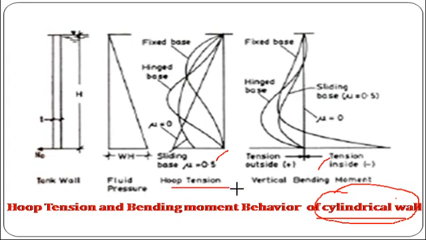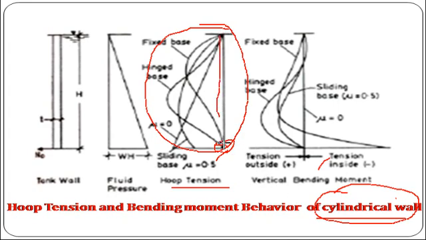For the hoop tension, this is the behavior of the tank wall for different boundary conditions, that is the joint between the wall and the base slab. Similarly, the vertical bending moment variation in the wall is also shown here.